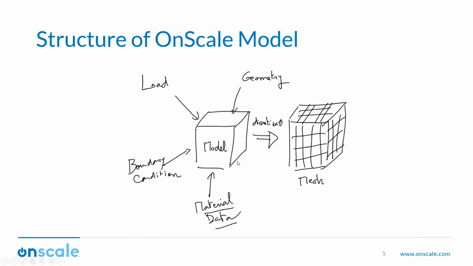So the model is composed of geometry, loadings which are applied to this geometry, some boundary conditions, and some material data, and all kinds of other parameters, variables, and things you want to set up, etc. And then you have a discretization of this model into a mesh. So in OnScale, the mesh is a grid. So this is the standard grid approach.